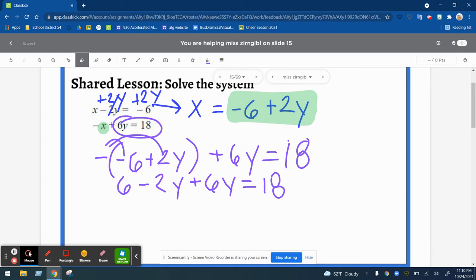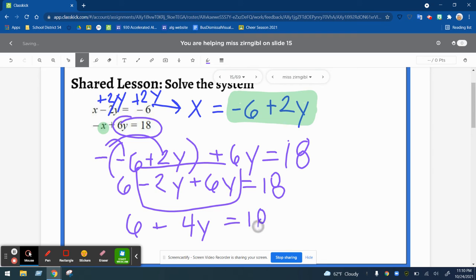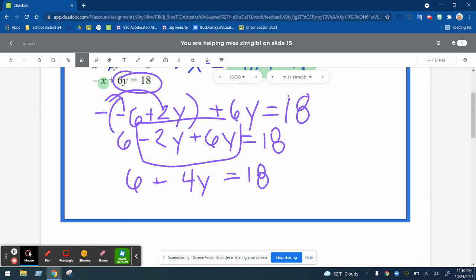So let's go ahead and combine like terms to get 4y. 6 plus 4y equals 18. Subtract 6 to get 4y equals 12. And divide by 4 to get that y equals 3.